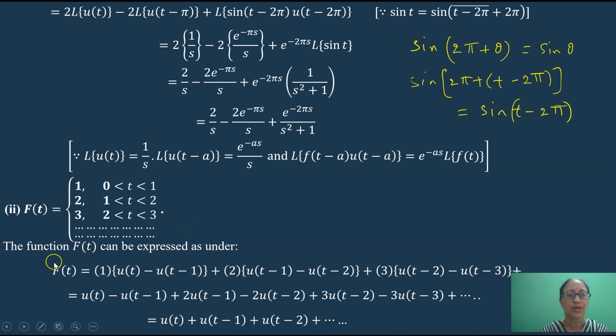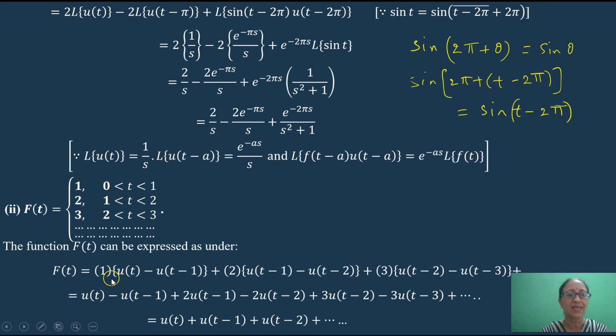So capital F of t equal to first value 1 into u of t minus 0 minus u of t minus 1 plus 2 into u of t minus 1 minus u of t minus 2 plus 3 into u of t minus 2 minus u of t minus 3 plus so on.